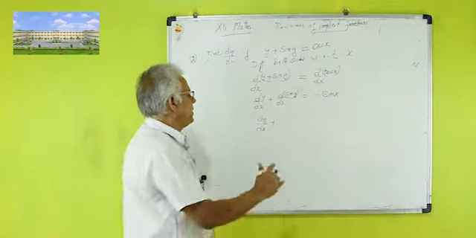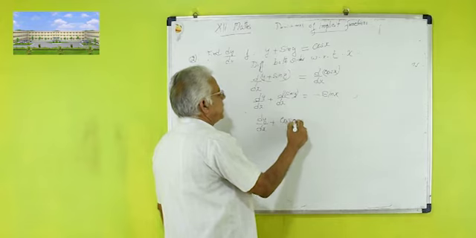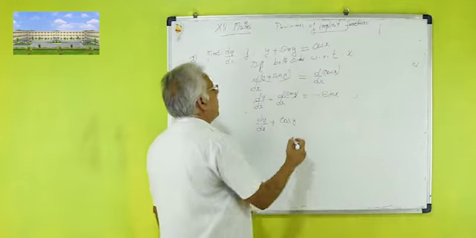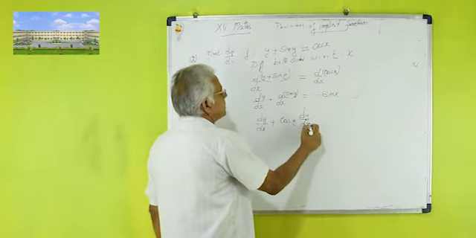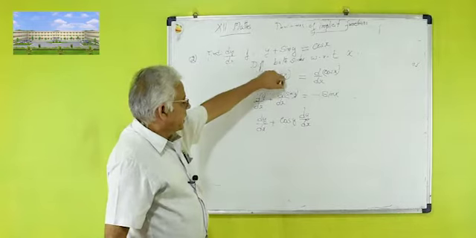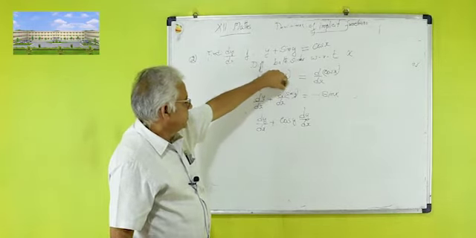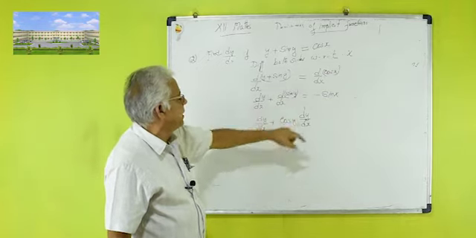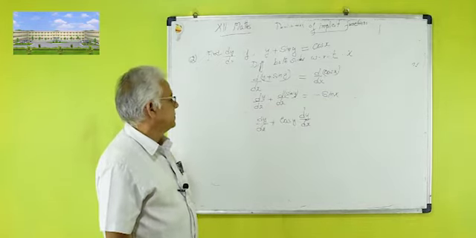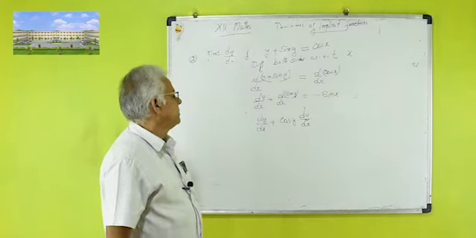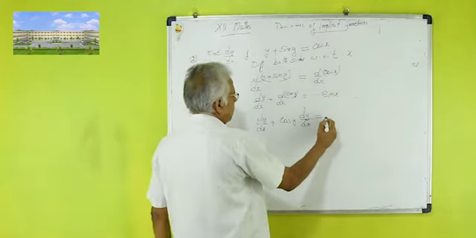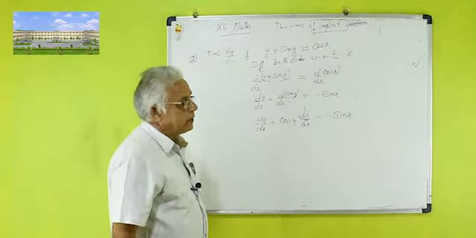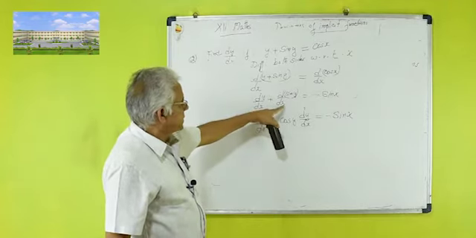The derivative of sin y is equal to cos y into the derivative of y, into dy by dx. So dy by dx plus cos y into dy by dx is equal to minus sin x.